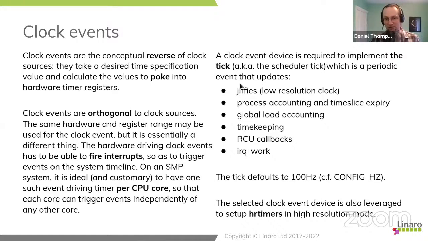It increases tick resolution. It increases tick-based wake-up resolution, things like that. I don't see it used quite as often these days, largely because high-resolution timers have been added, and high-resolution timers provide an alternative way to do wake-ups. And the clock event source is also capable of driving high resolution timers.